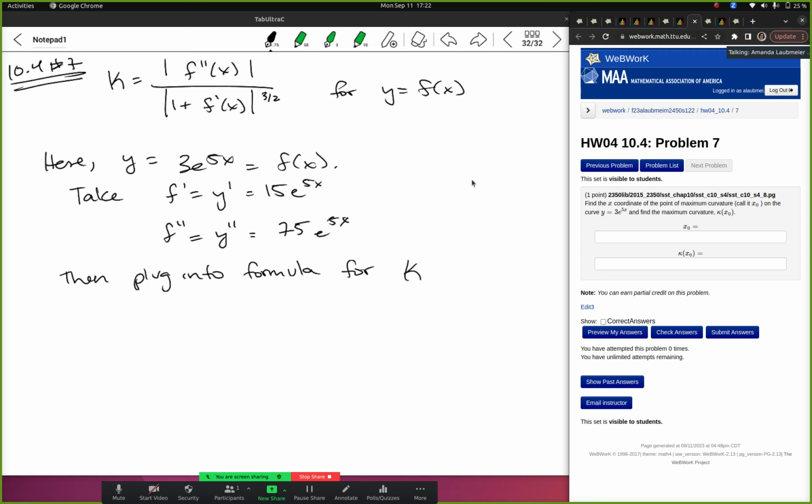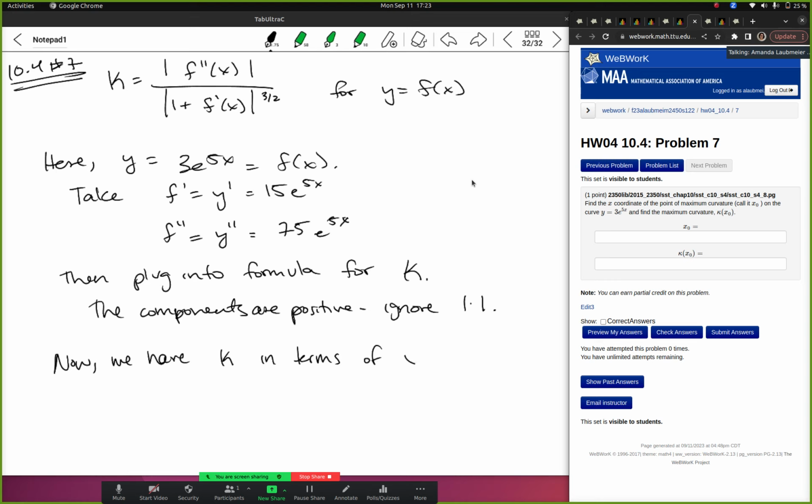And now everything that we need to make kappa work is defined. So we could go ahead and put up top the second derivative and down below the first derivative. And we can ignore those absolute value bars because the components are positive. Exponential returns positive numbers. And then at this point, we have curvature in terms of x.